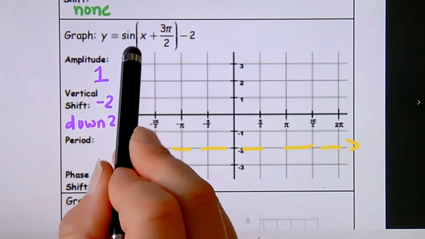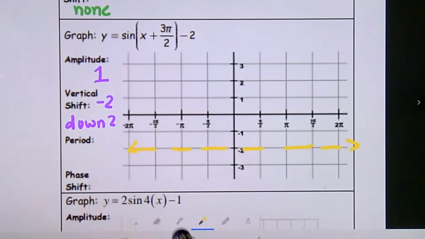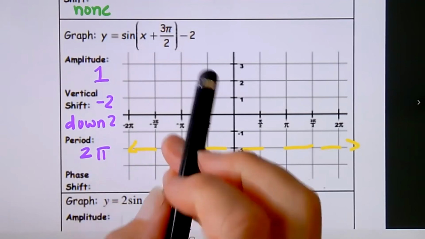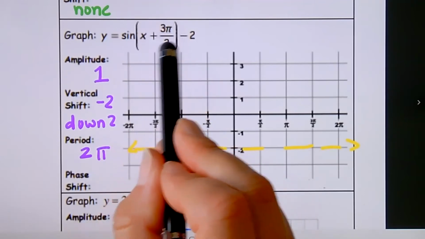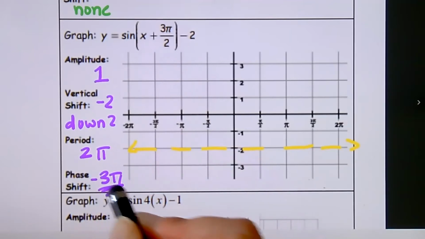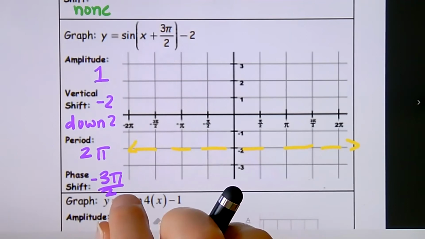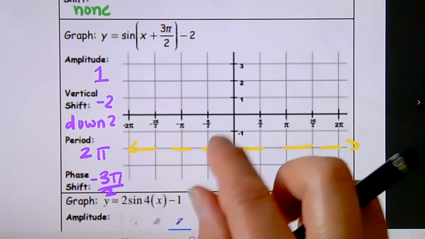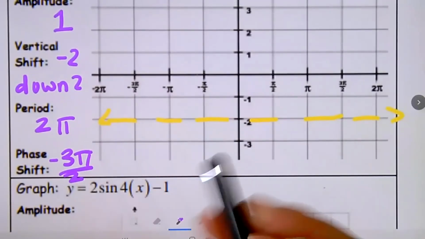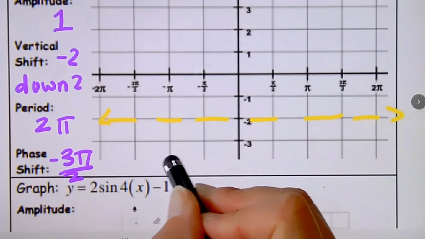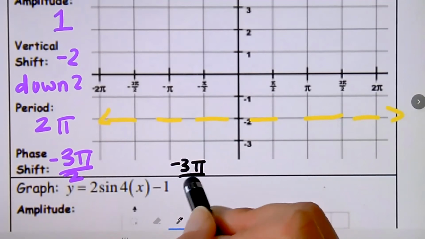My period, well, there's no number in front of the x, so that's going to still be a 2 pi. And then my phase shift, what makes this 0? Well, -3 pi halves. So that means I'm going to start at -3 pi halves. Now, again, it's nice to know where I'm starting and stopping, so I'm just going to jot this down here. I'm starting at -3 pi halves, okay?